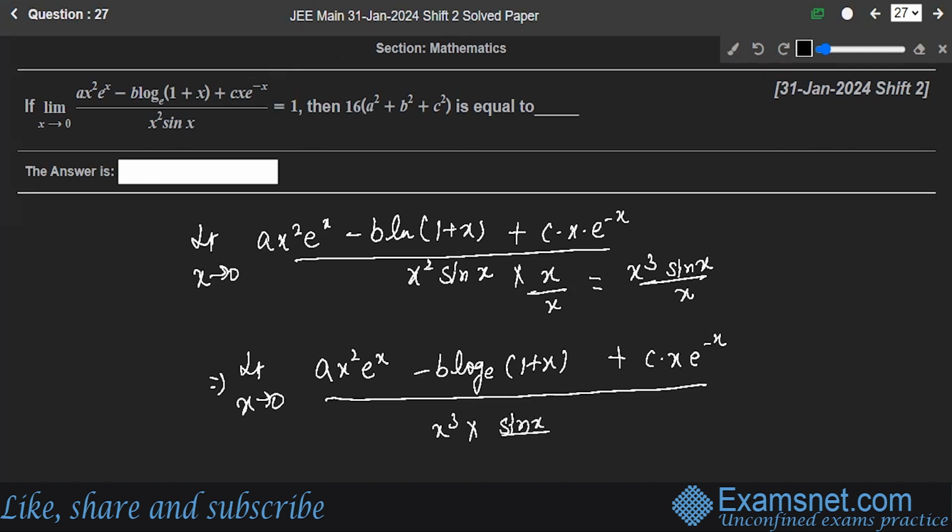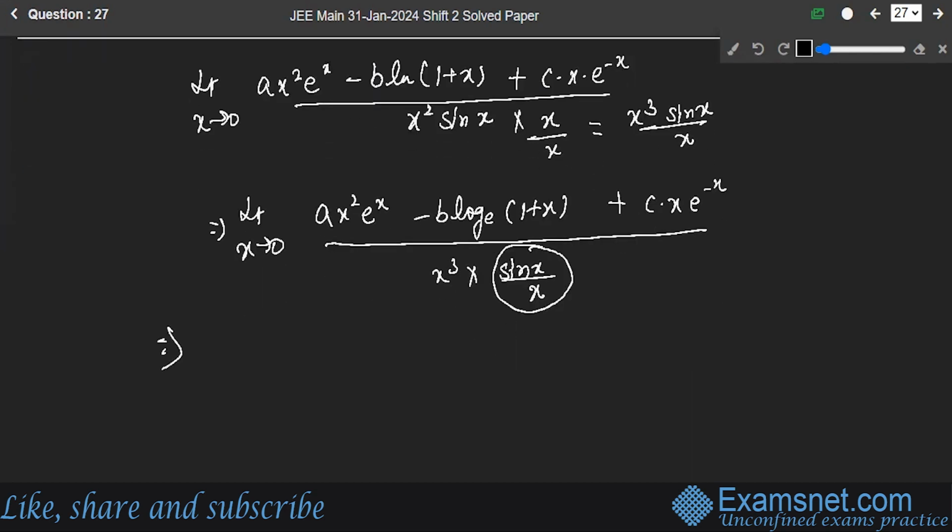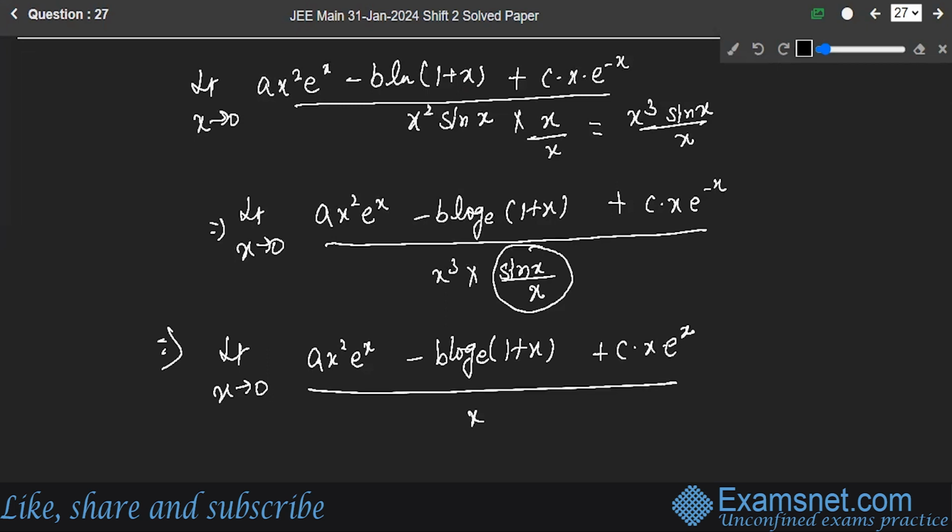See this, when limit x approaching 0, this thing turns out to be 1. So you have limit x approaching 0, a x square e power x minus b log e 1 plus x plus c x e power minus x, whole thing divided by x cube into 1, because this is equal to 1 when x approaches 0.